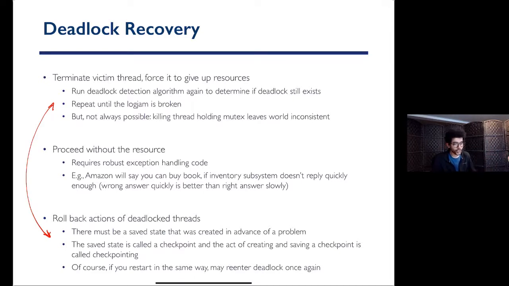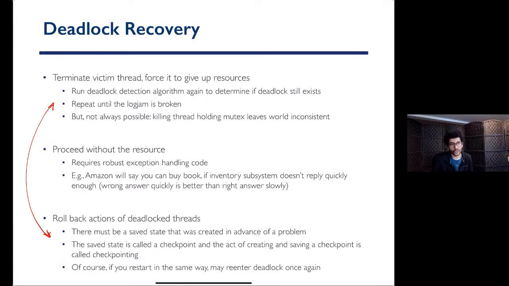Now, this approach has cost, because you will need to have a mechanism to checkpoint your threads, basically saving the state of your thread, and have a mechanism to go back to those checkpoints and pretend to start from there. The other difficulty with this approach is that there's no guarantee that the deadlock doesn't happen again.